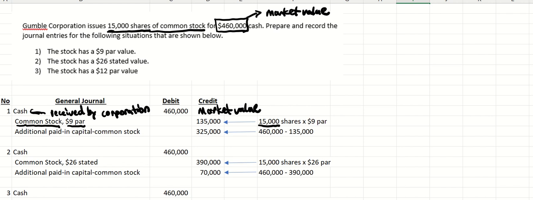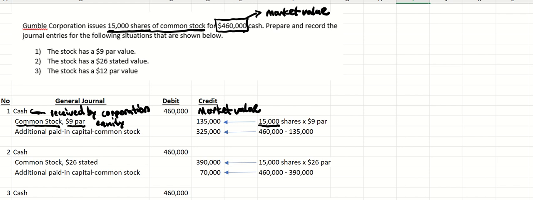So with common stock, we're going to credit that account by $135,000, and $135,000 is going to an equity account. Okay, that's the common stock. On a balance sheet, you will see common stock, $9 par. That's equity that will be listed in the balance sheet underneath the equity section.